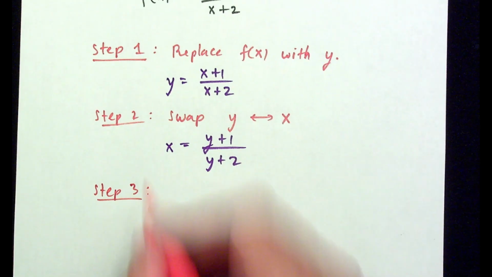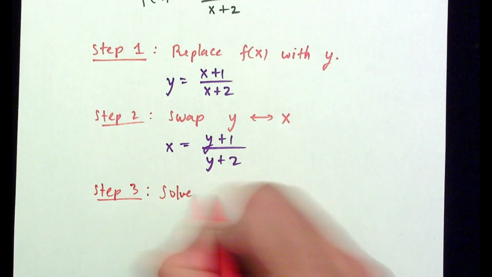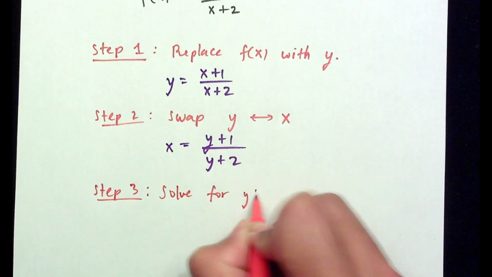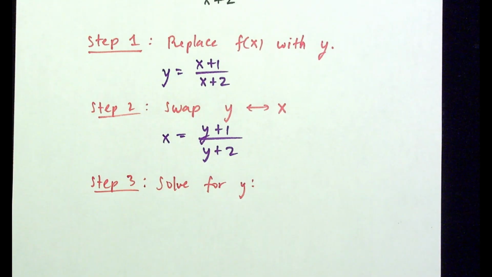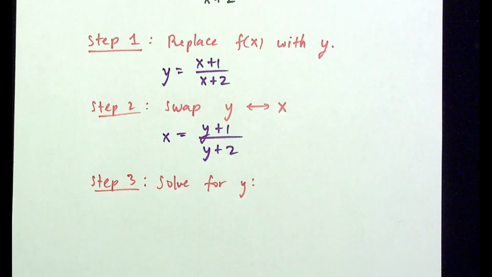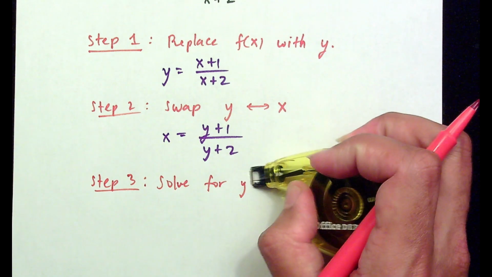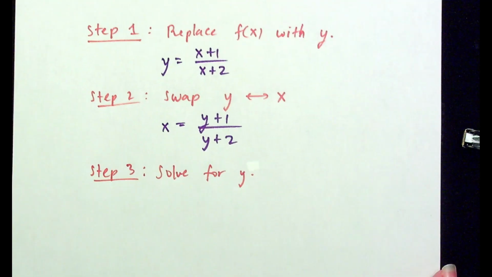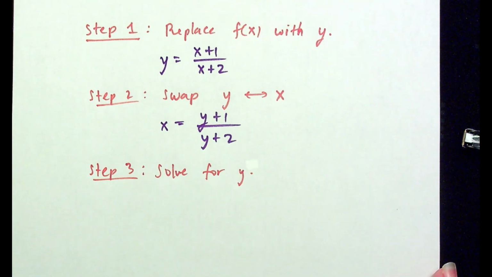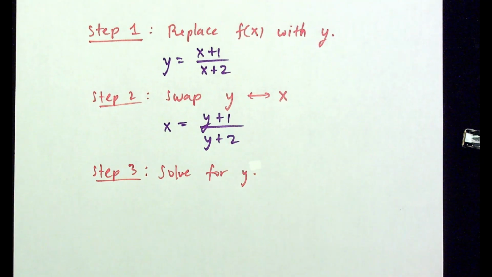Step 3 is you're going to solve for y. The equation you just got in step 2, you're going to solve for y. Let's do that. This is a rational equation, so we multiply both sides by the LCD of all the denominators. There's only one denominator, so it is the LCD.